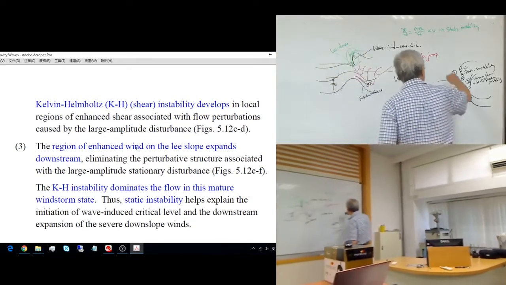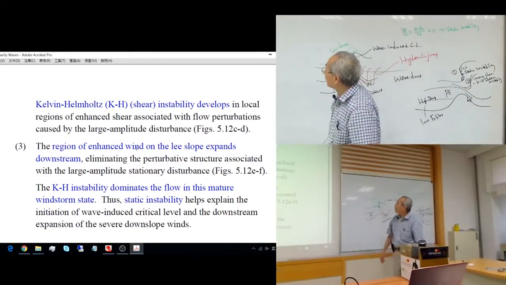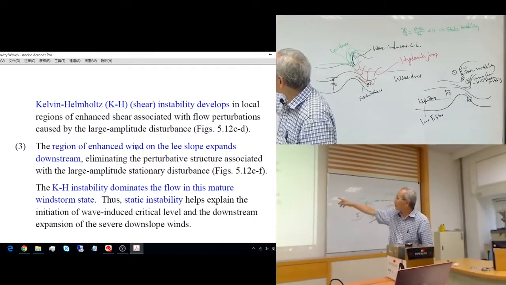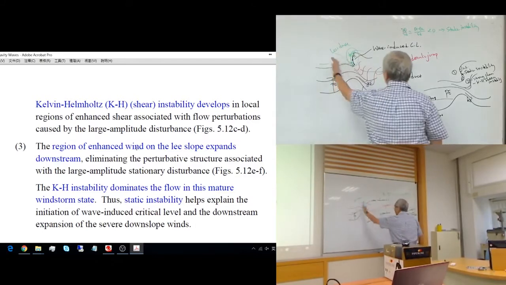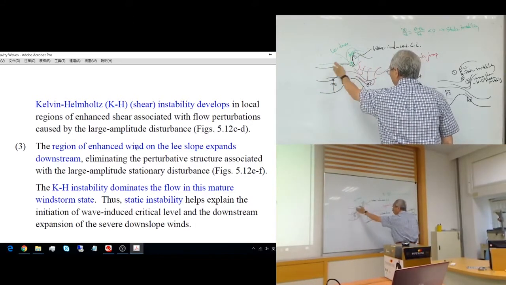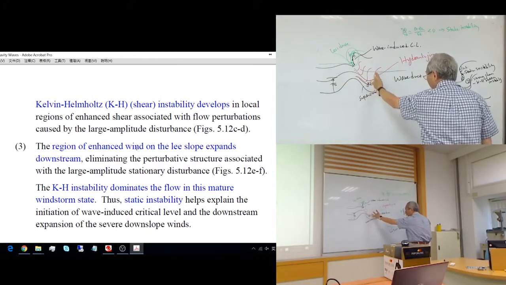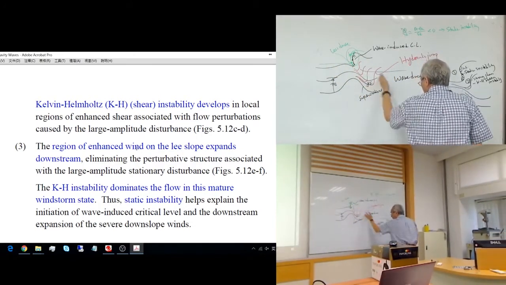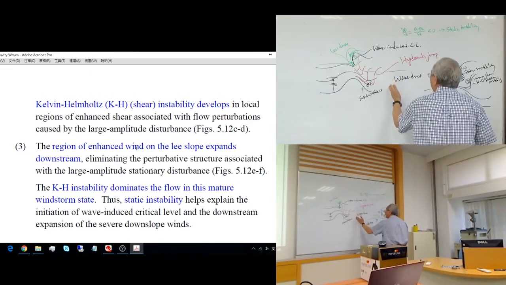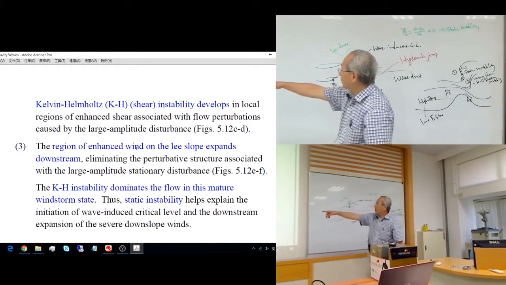The region with enhanced wind on the downslope expands downstream, because wave energy cannot go up, and this potential energy keeps converting into kinetic energy, rushing down, so it expands downstream and then develops the last stage, the hydraulic jump.